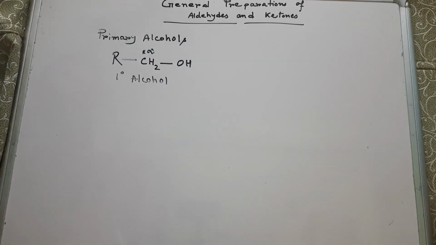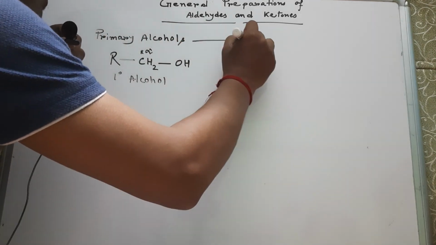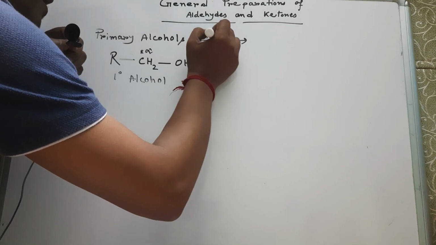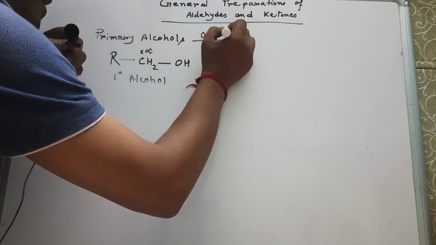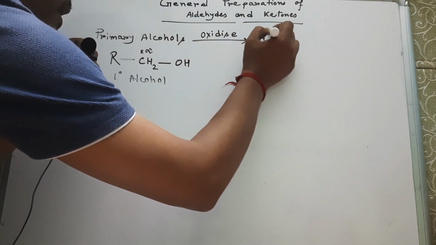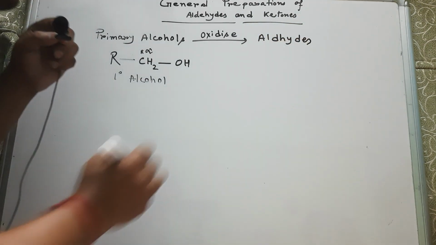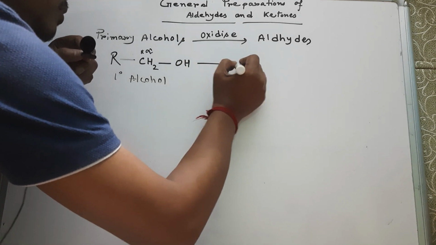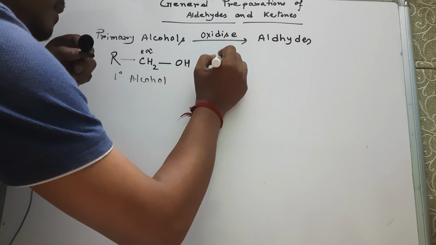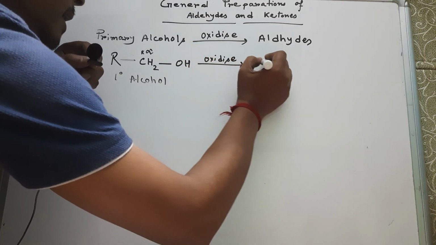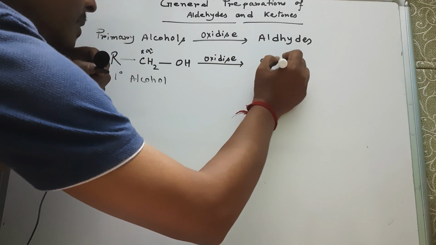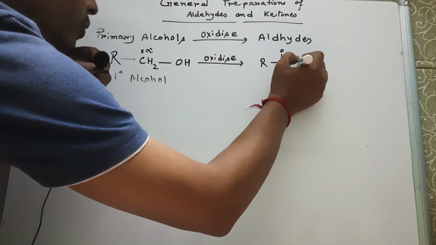Okay. So if you oxidize the primary alcohol, you will get aldehydes, that is, CHO.